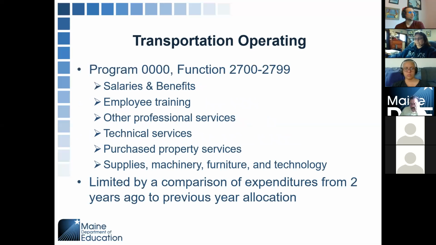So moving on to transportation. Again, we're going to look at transportation as an overhead cost, and we are going to look at all the function 2700 to 2799. I do want to note that a lot of times we get questions around special ed transportation.